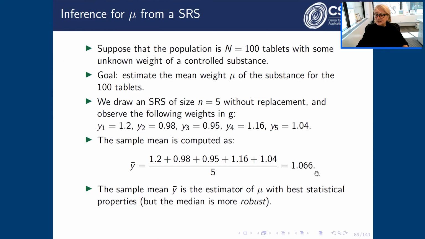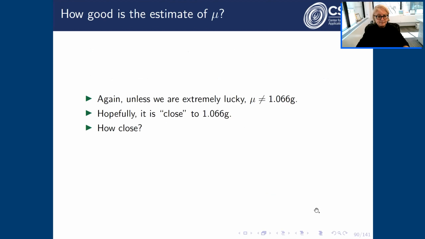The median is also pretty reasonable. The mean is the one that has the smallest margin of error, but the median is more robust, meaning if I had an outlier value, some crazy value, let's say one of these values was 5, which is totally different from all the other ones, the median would not be terribly affected. The mean would be very much affected.